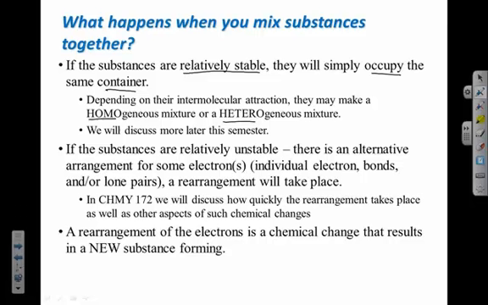If they form heterogeneous mixtures, that's usually because one substance can really form strong attractions with other molecules of the same type. And so the substance I want to mix in won't come in and break up those attractions, like oil and water. If I put oil on water, it just sits there and floats on top.